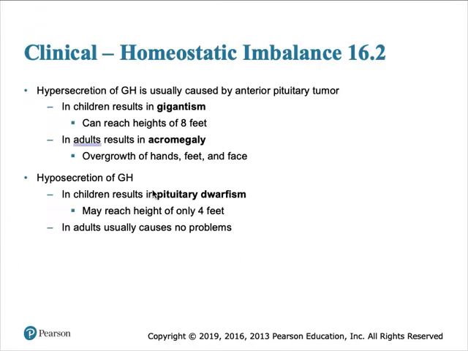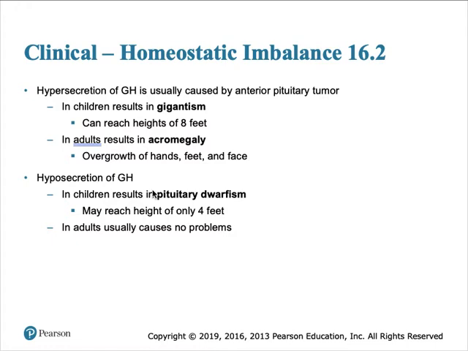All right, so hypersecretion, so too much secretion of GH is usually caused by a problem with the anterior pituitary, like a tumor. If you have too much GH secretion in children, you get gigantism. Okay, so basically formation of a giant, normally proportioned body parts that just grow too big.